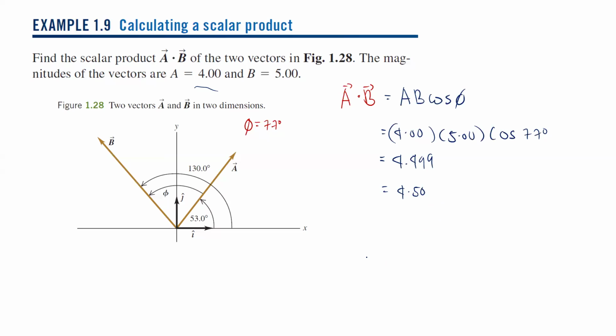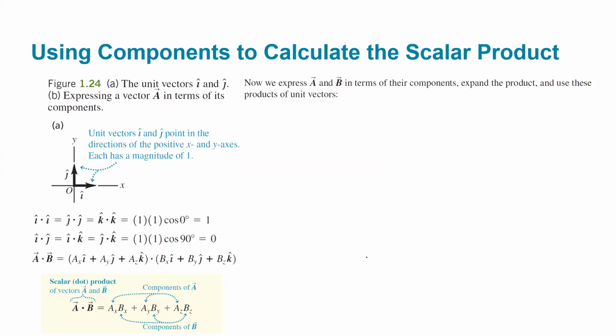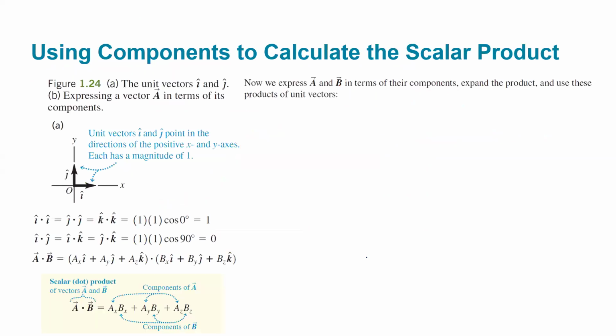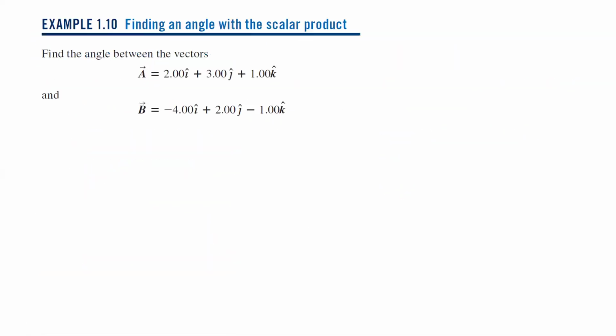However, it may look simple, but not all vectors are expressed in this form where you can determine the magnitude and the direction. Some of the vectors are actually expressed in component form like this, where A is in component form and B is also in component form like this one.